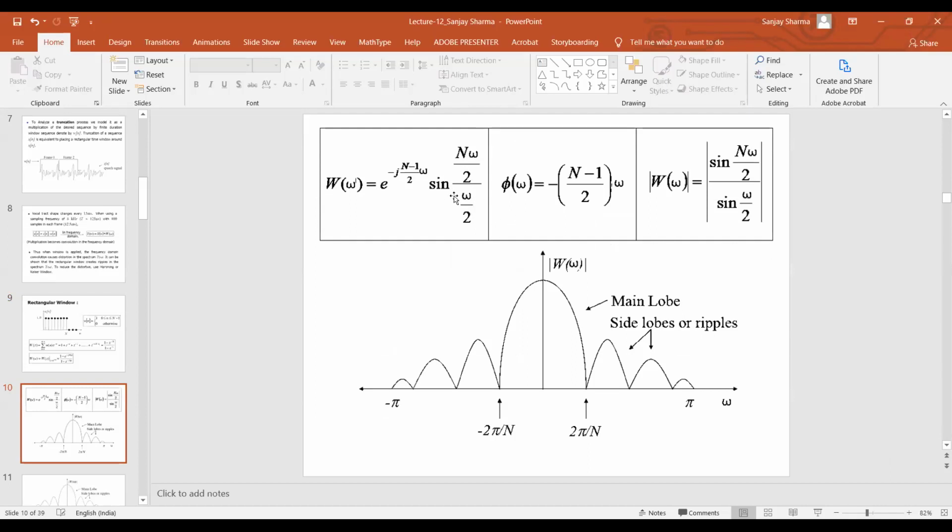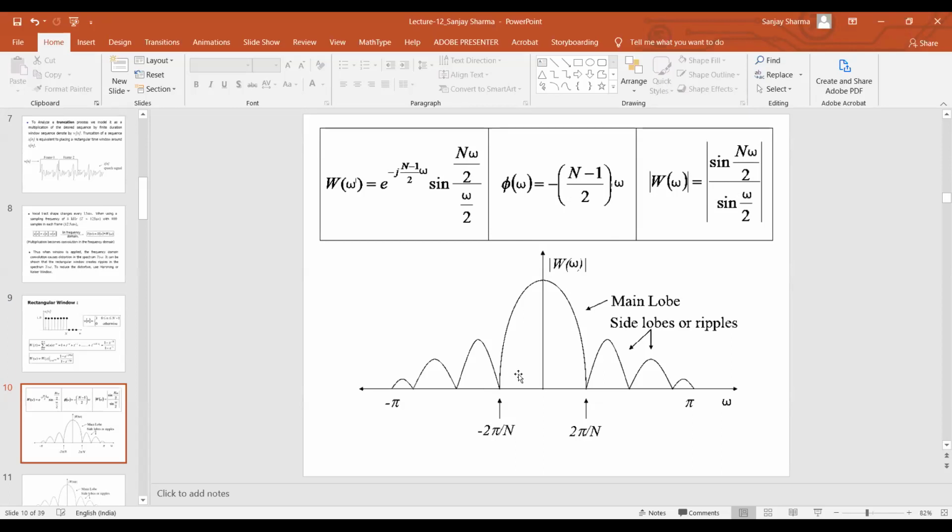Now, what is my angle? My angle is minus (N minus 1)/2 omega. This is my phase, and this part is my magnitude. We have been doing this in my previous class also, how to get the magnitude and phase response.